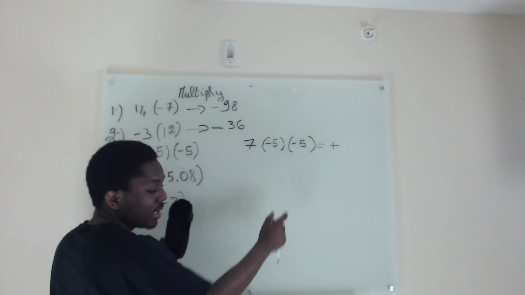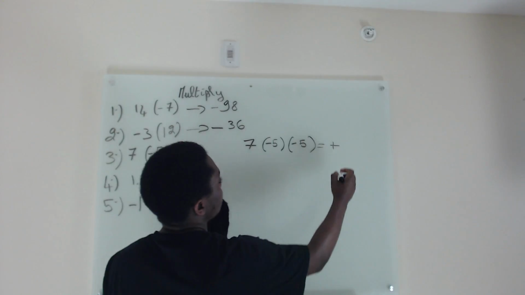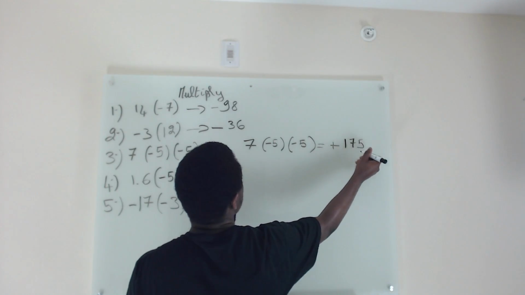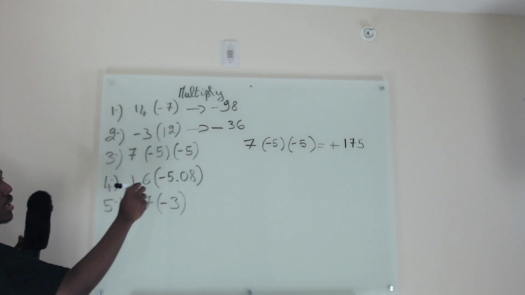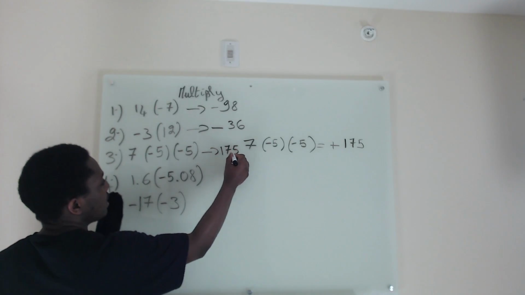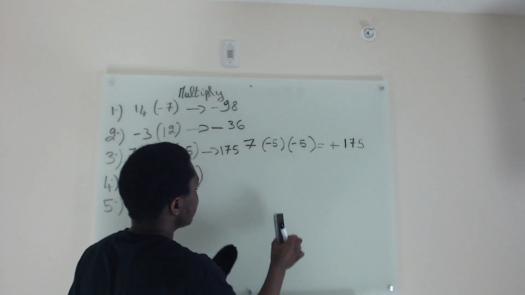And 35 times 5, that's 175. So I put here 175. The answer to exercise number 3 is 175. Now let me clean this.